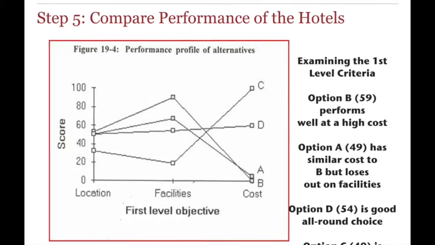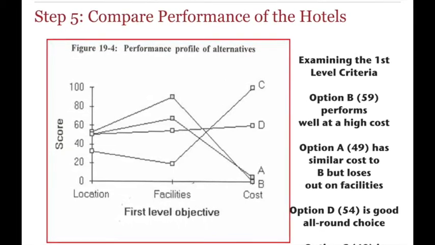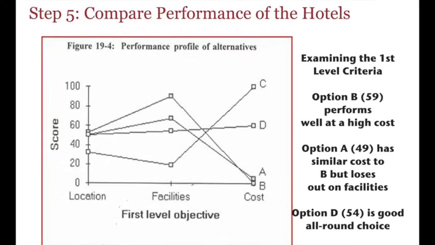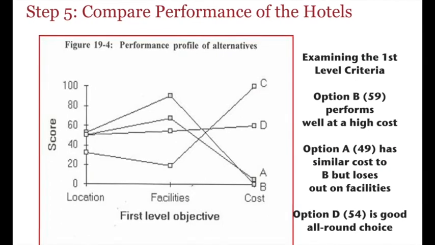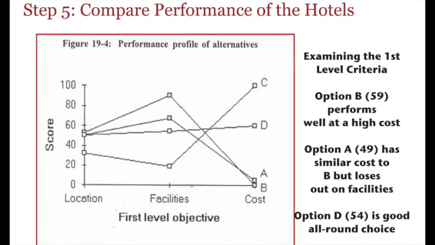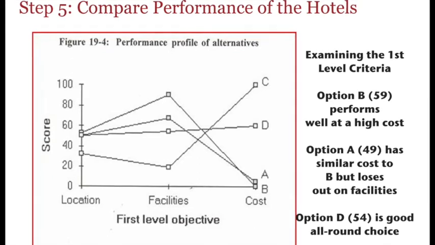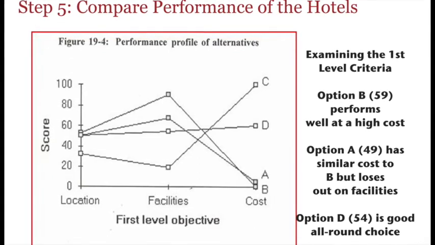And then option D with a score of 54 is the good all-round choice. So it's scoring well on all of those 3 criteria. And then option C with a score of 40 is cheap, but it's performing poorly. Okay, so we get a performance evaluation for each of the options.